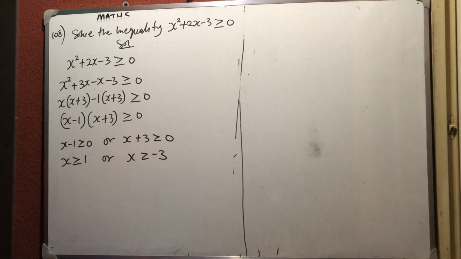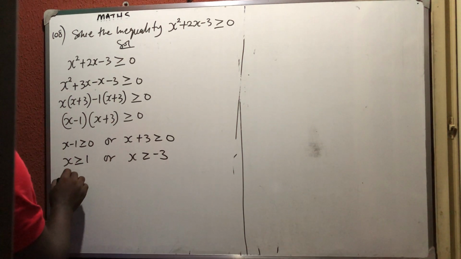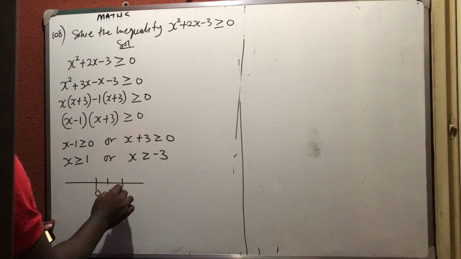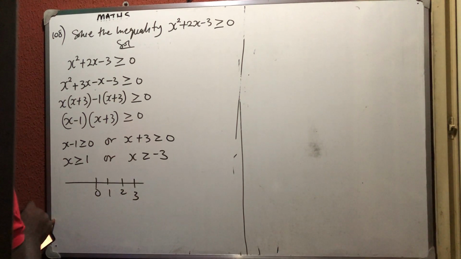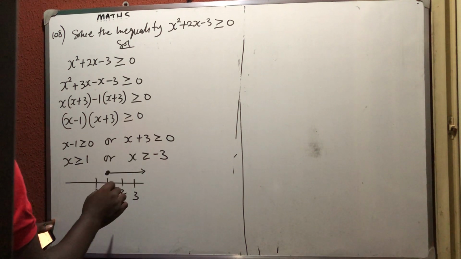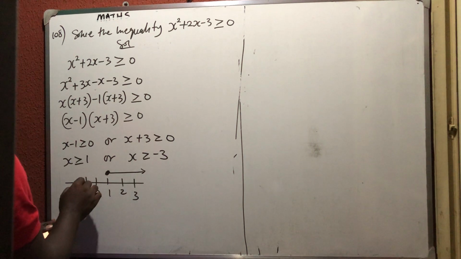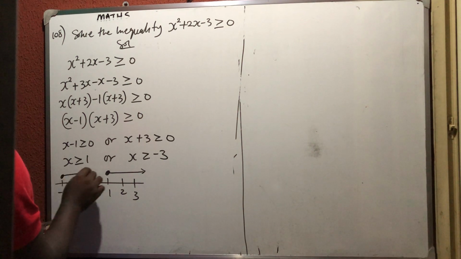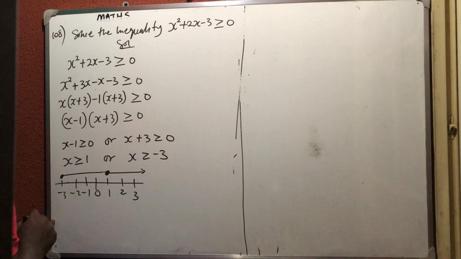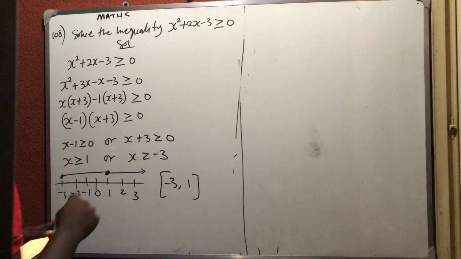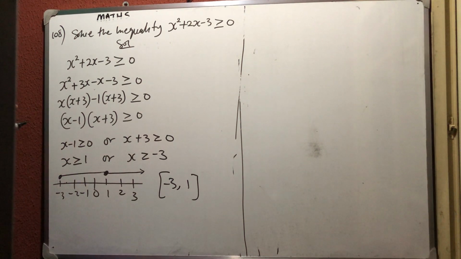So to combine this, I'm going to have from, let us see, this is 0, 1, 2, 3. So at 1 we are moving like this. At 3, so that minus 3, this is minus 1, minus 2, minus 3. So at minus 3, we are still moving like this. So the answer is now the combination of minus 3 and 1.